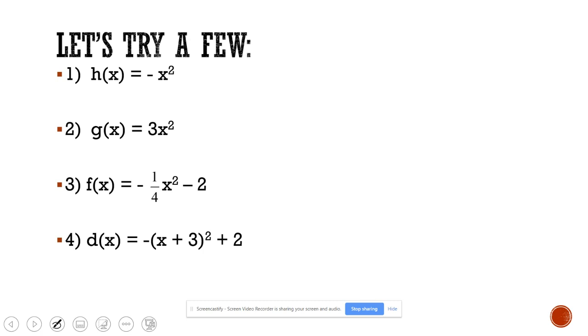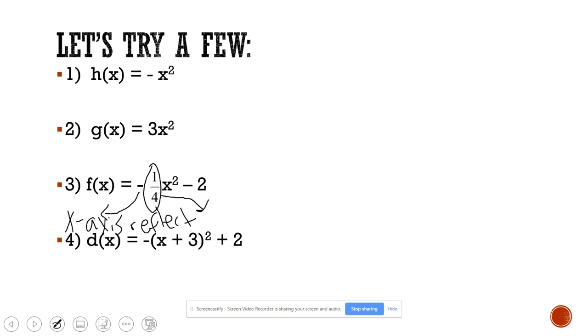Okay, on your example 3, you're missing this 1/4. So if you would go ahead and put that 1/4 in on your paper. We have the negative in front, which is our x-axis reflection.